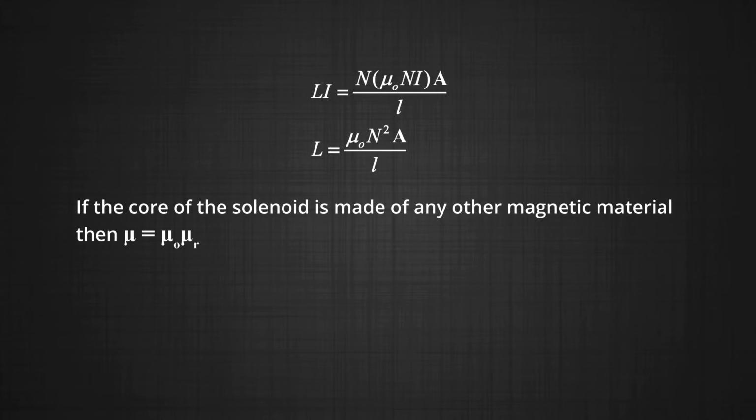If the core of the solenoid is made of any other magnetic material, then mu, the magnetic permeability of that material, becomes equal to mu naught times mu r, where mu r is the relative permeability.